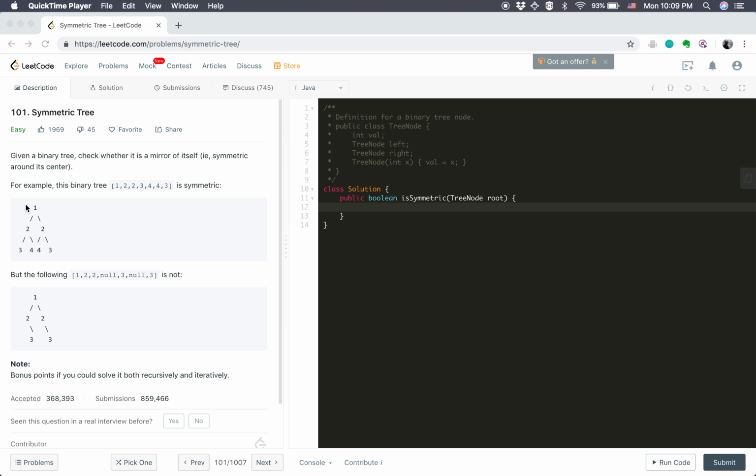First, we take a look at the head node to see if there is any value in it, and then we divide this into two parts, which is the left subtree and the right subtree.